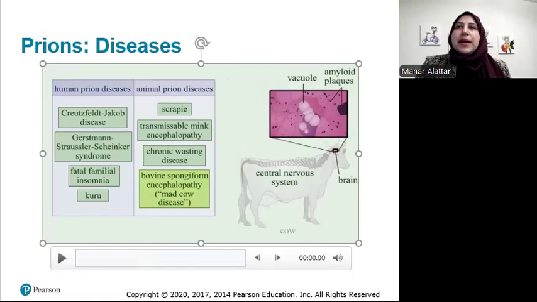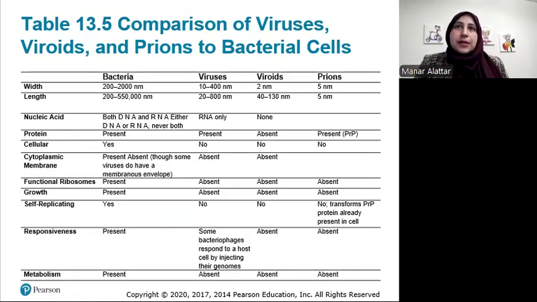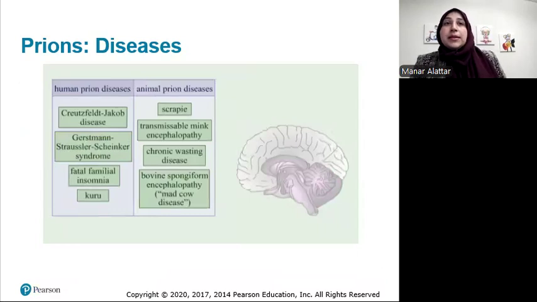Okay, so that gives you an idea of some of the different prion diseases that we know of in mammals.